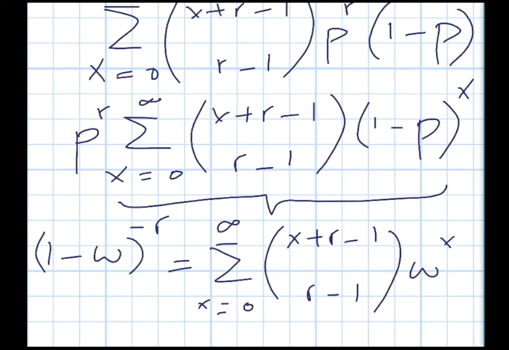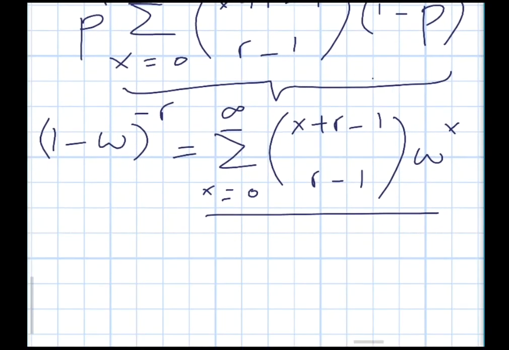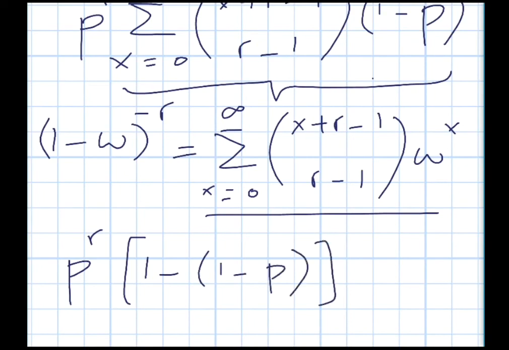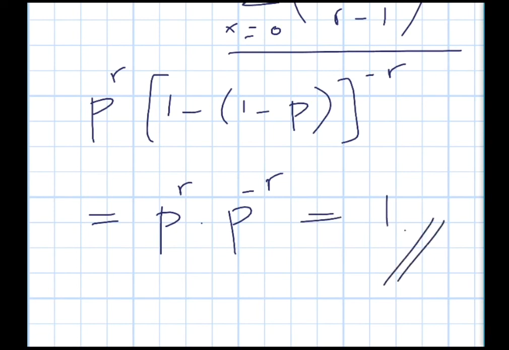Comparing this to our summation, we see that w is just replaced by 1 minus p. So our PMF sums up to p to the r times 1 minus 1 minus p to the minus r, which is p to the r times p to the minus r, which is equal to 1. So this actually is a valid PMF.